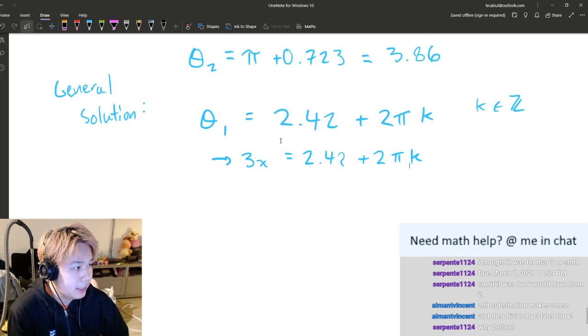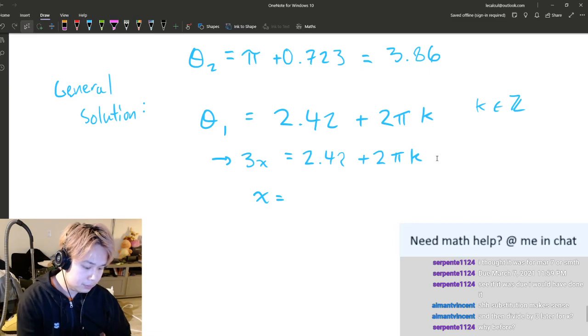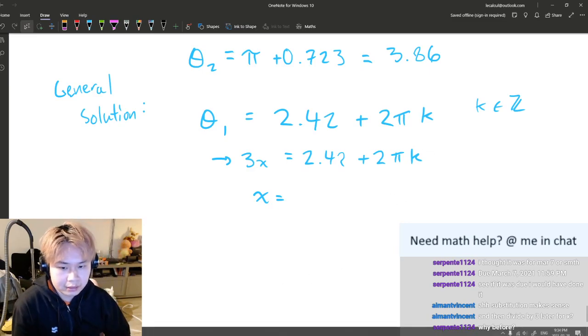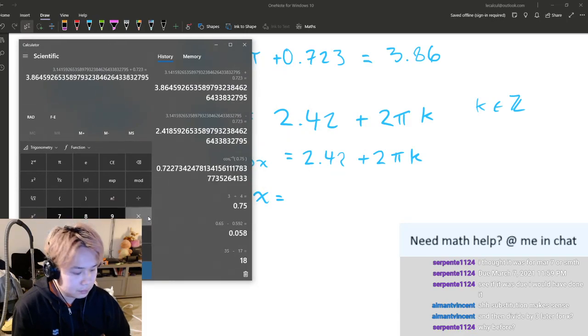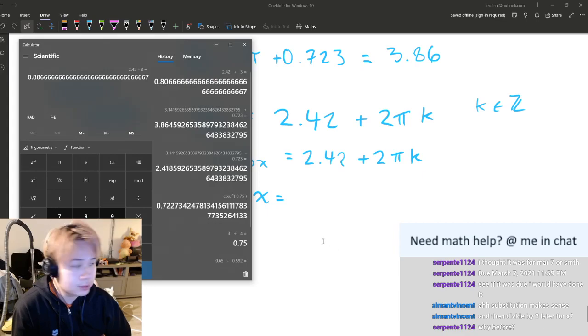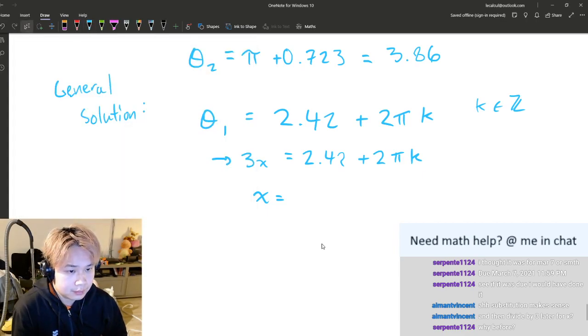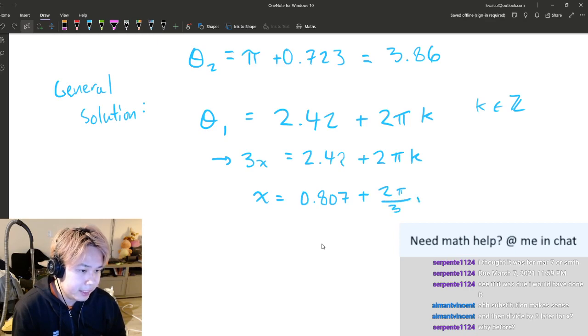So we need to divide the general solution by 3. So if we do that, you get 0.807 plus 2 over 3 pi k.